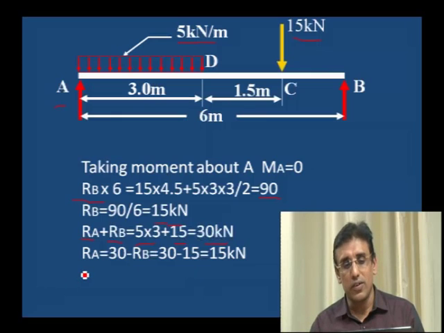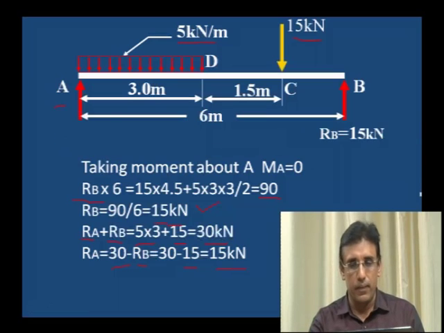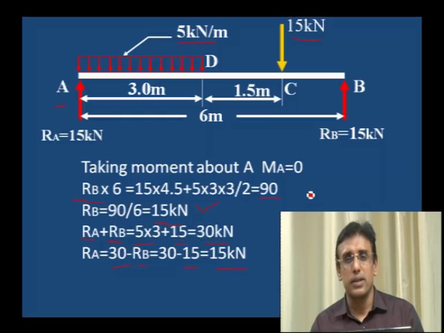Therefore, RA is equal to 30 minus RB. RB we already have as 15 kilonewton. If we subtract from 30, we get 15 kilonewton as RA. Therefore, RA is equal to 15 kilonewton, RB is also 15 kilonewton. These are the values of the support reactions at A and B.